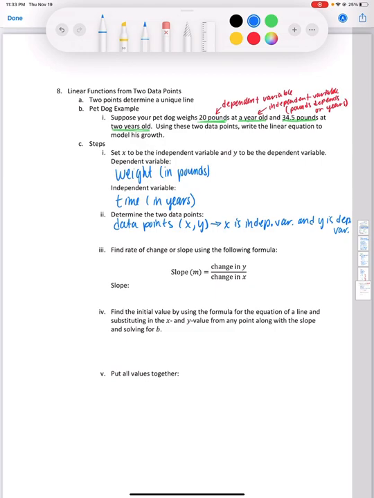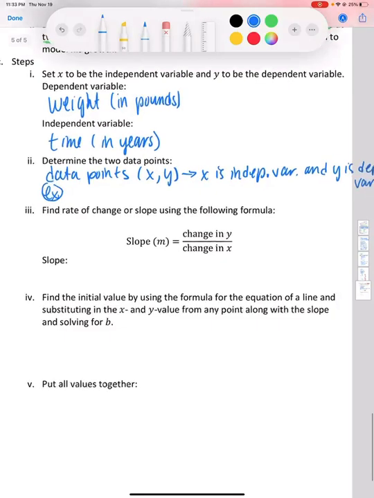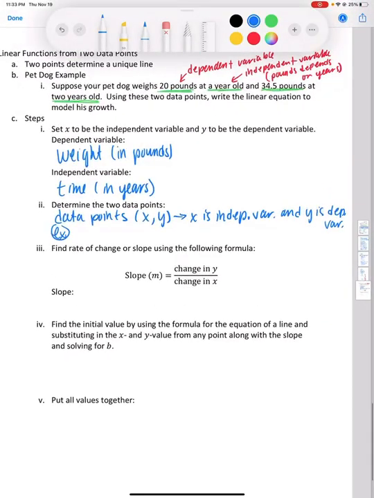Okay, so the data points will be, in this case, in our example, our x is independent, so that corresponds with years, as we can see here, and that will be the first year, and the y is my weight in pounds, so 20 pounds. So our first data point is (1, 20), and our second one is going to be (2, 34.5).